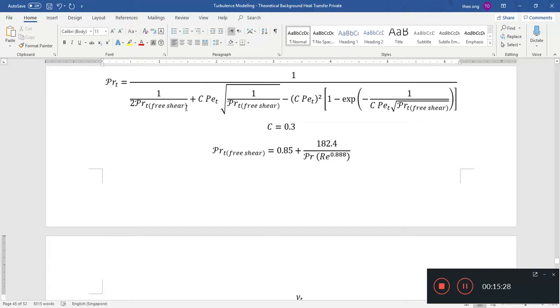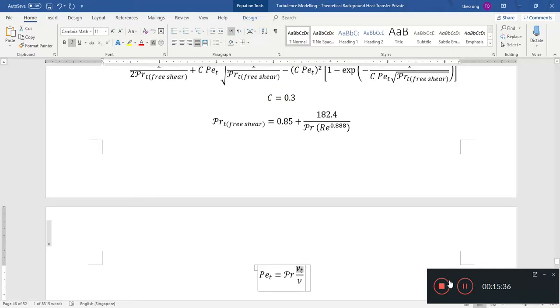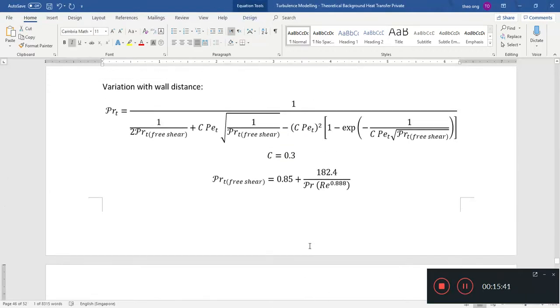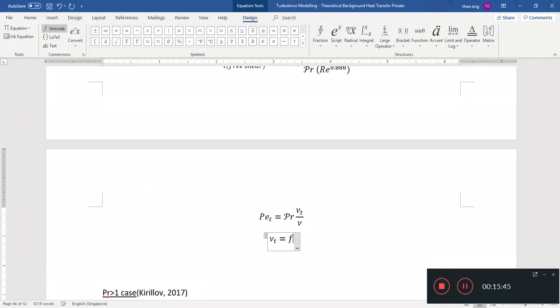And of course the wall distance dependence is implicit because nu t is actually dependent on y plus. Yeah, so nu t kind of varies. Nu t is some function of y plus. So to get the turbulent Prandtl number, we need to know the nu t profile near the wall.